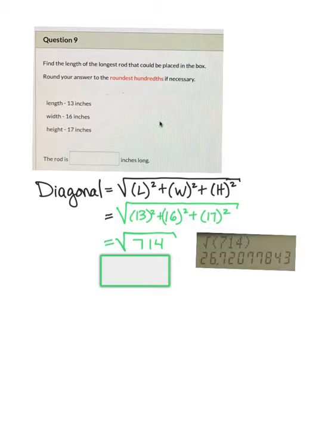We get something like this. So again, this time it says round it to the nearest hundredths. Well, how many decimal places is that? That is 2. So we want that 2 position. We're going to look at the 0. Is that 5 or above? No. So we're going to leave it exactly how it is. So then our answer is 26.7.